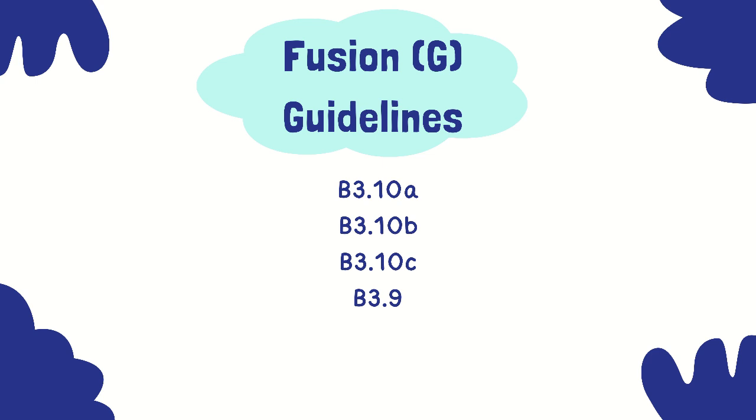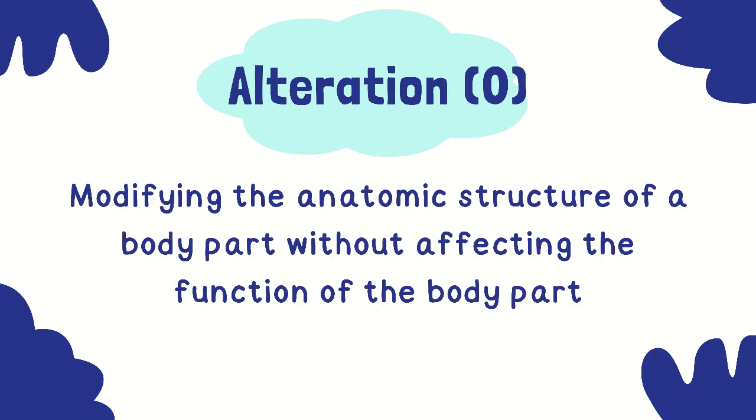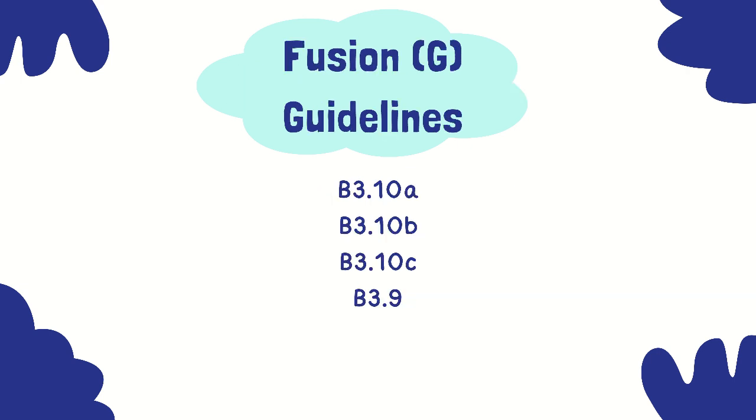I'm not going to read this, but they basically break the guideline into if there's an interbody fusion device, a bone graft, or a mixture of autologous and non-autologous bone grafts. Somehow I clicked to the other slide while I was reading the guidelines.